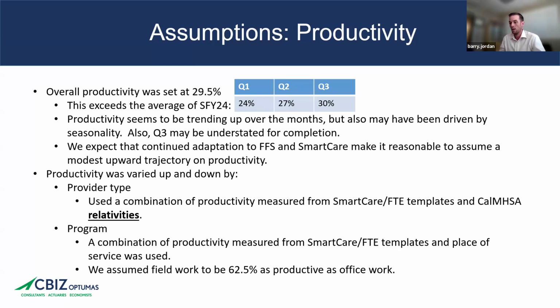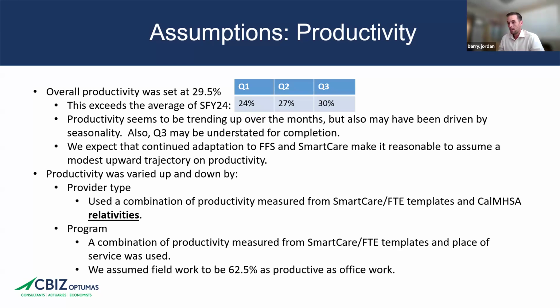We noted on one of the prior slides that we think the current overall productivity implied with CalMesa is high for the first year, but the relativities between provider types we can use to inform decisions on how to allocate the productivity of 29.5% differently at various provider type levels. So those are the data sources that were looked at to vary the provider type level.